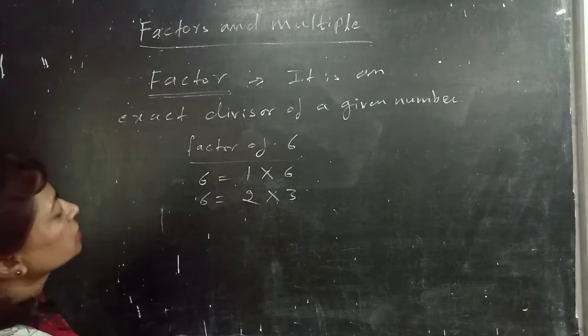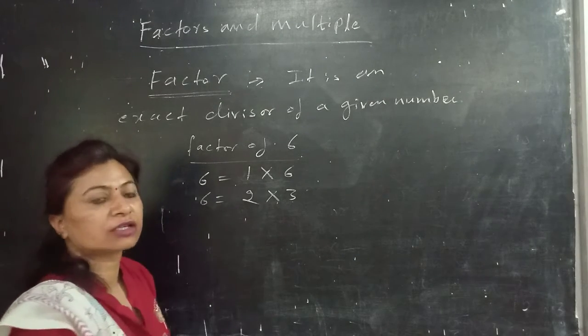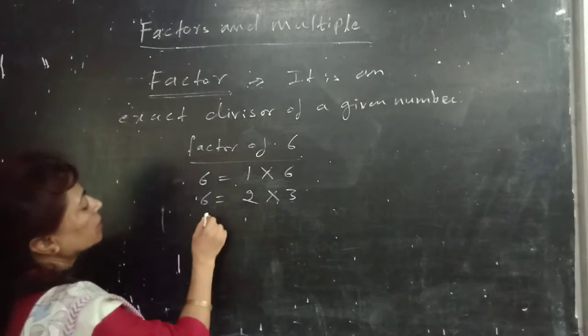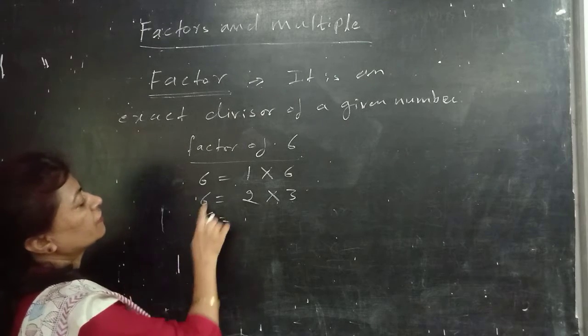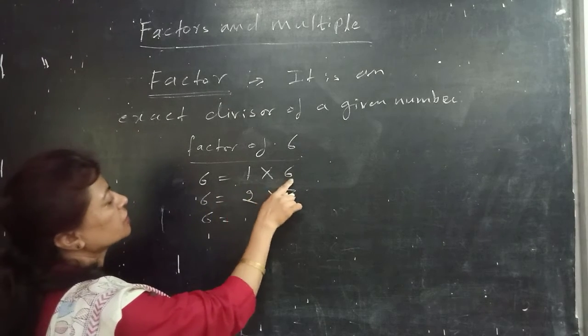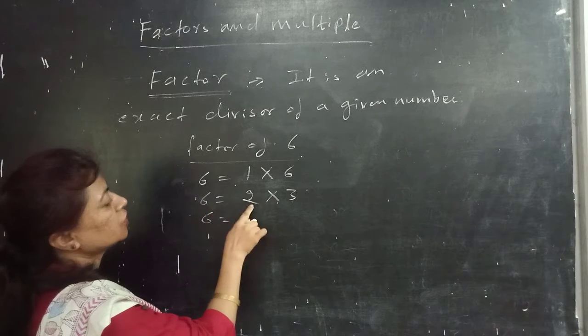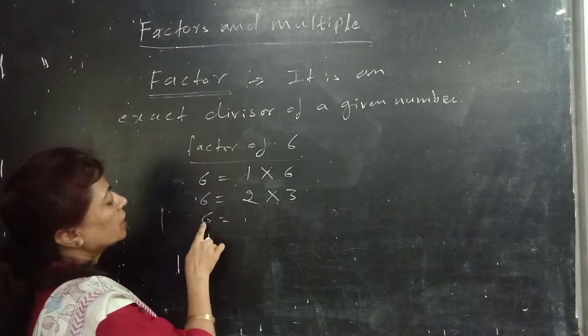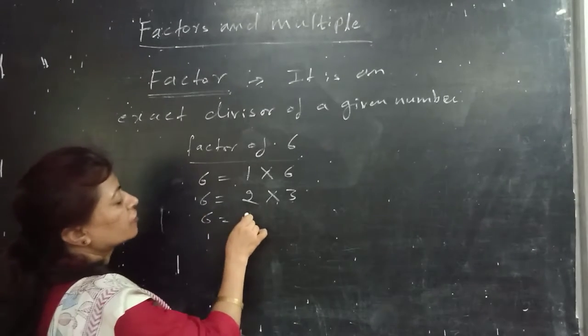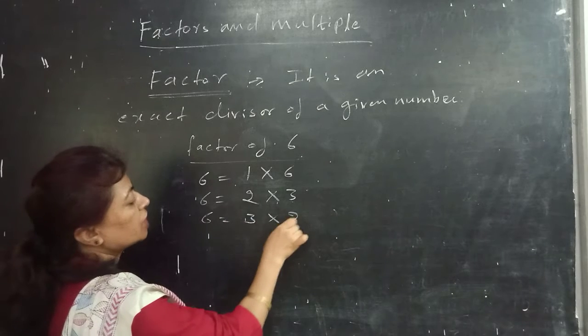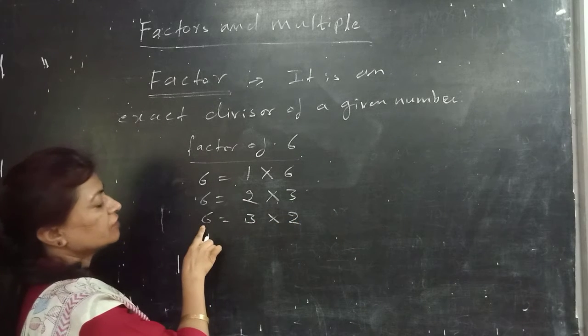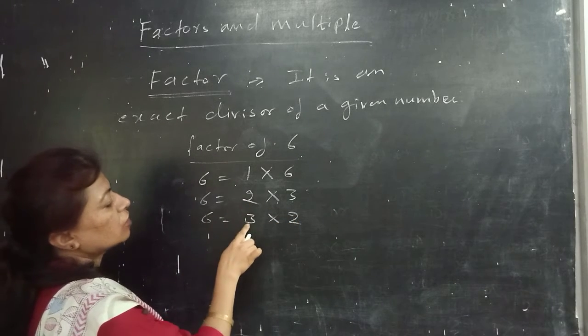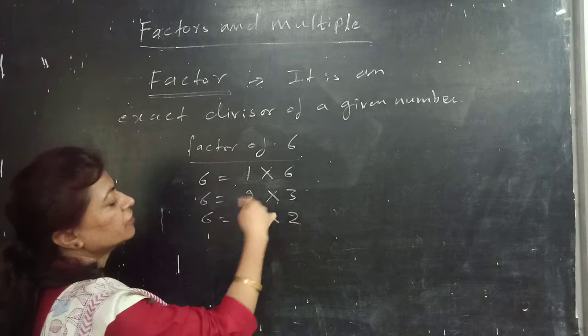So let us first identify all possible factors of 6. Let us move further. In the first case, we have obtained 1 into 6 is giving 6. In the second, 2 into 3 is giving 6. If we take the table of 3 and multiply it by 2, 3 into 2, it is giving 6. Now what we are observing, the numbers are reversed.